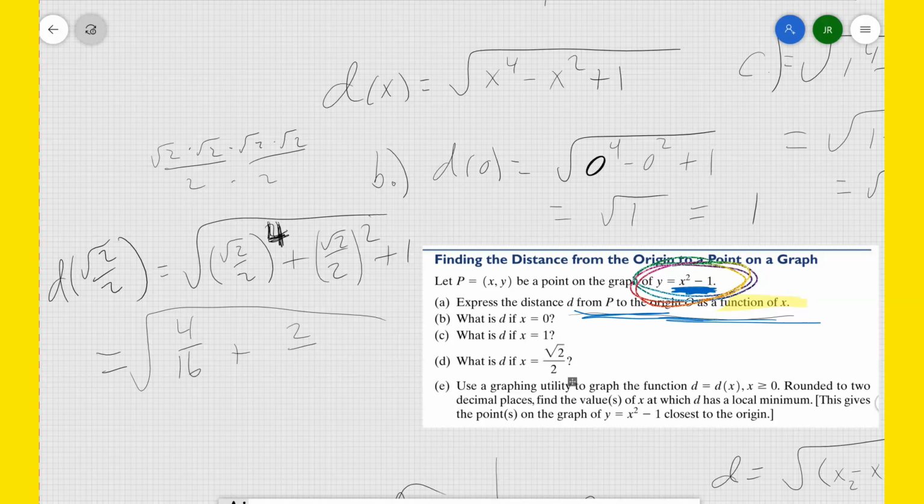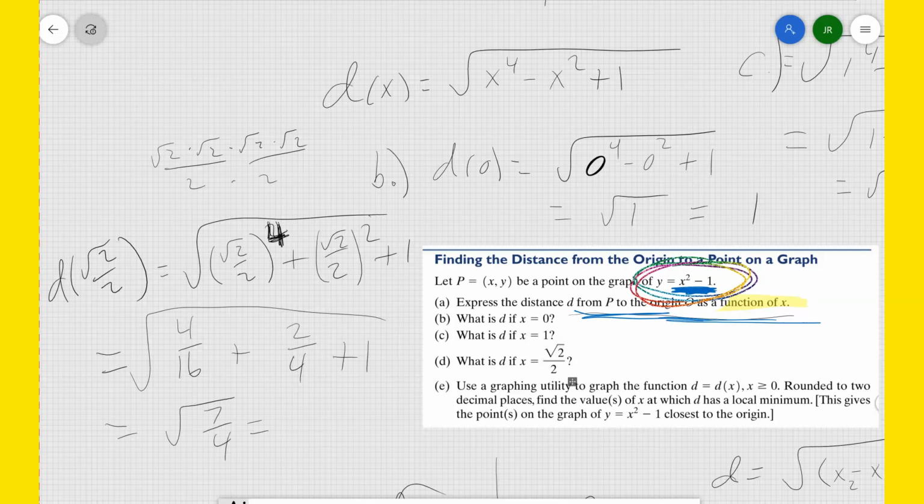It's 4 over 16 plus the square root of 2 squared is 2, 2 over 4, plus 1. So that's 1/4 plus 2/4, that's 3/4. 3/4 plus 1 is 4/4, that's the square root of 7/4.